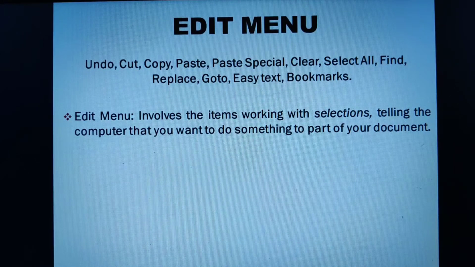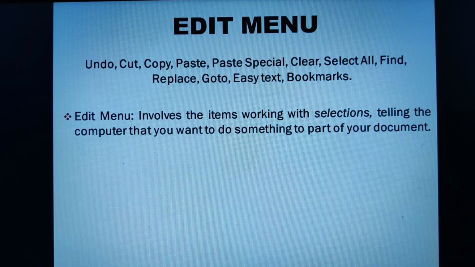Before we perform cut, copy, paste or any other options of the edit menu, we need to select the desired text. Once you select the desired text, then you can perform all these operations. So the edit menu tells the computer that you are going to make certain changes to your content, to part of your document.